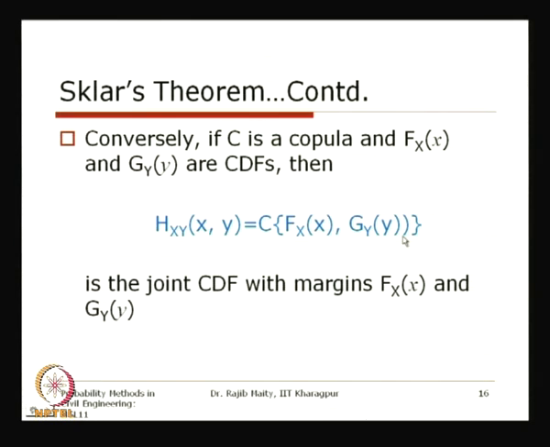So, if we have F(x) and G(y), then through this copula function we can obtain their joint distribution, H(x,y). So, this is the joint CDF of the random variables X and Y with the margins, meaning the marginal distributions F(x) and G(y).